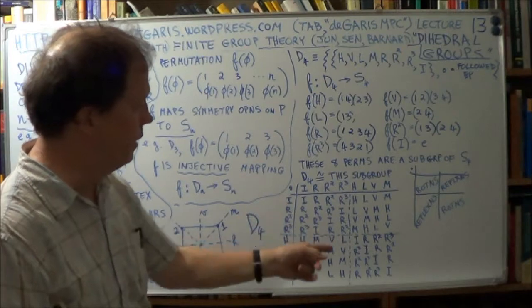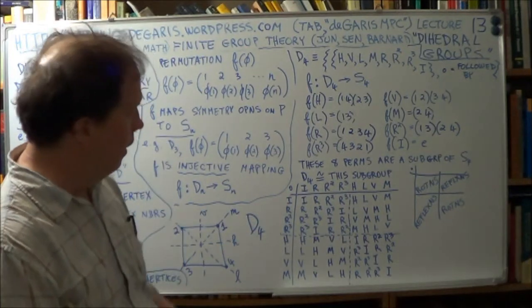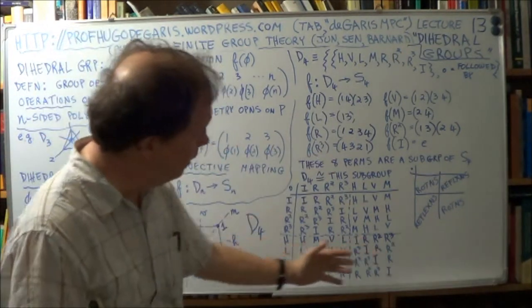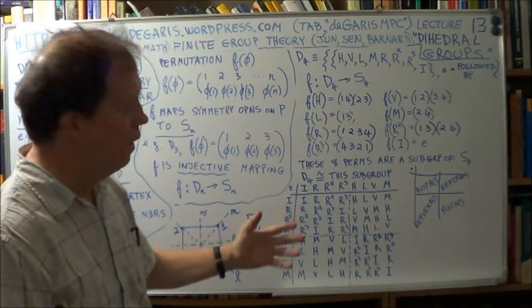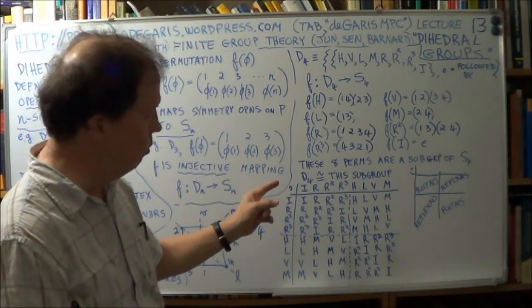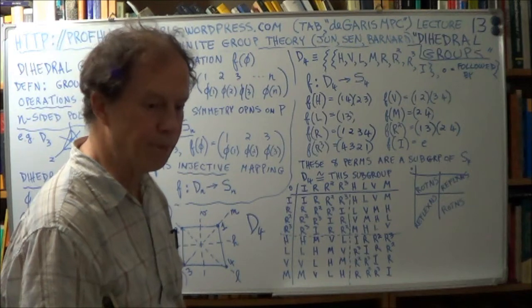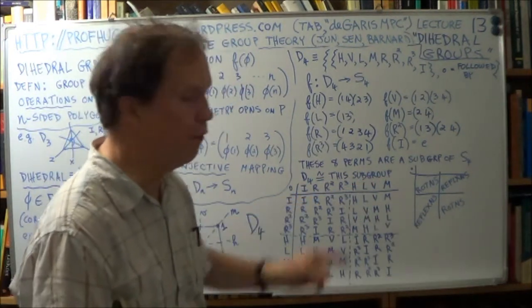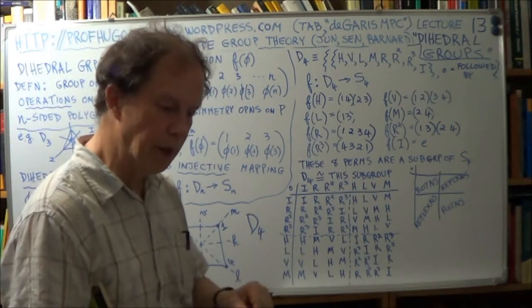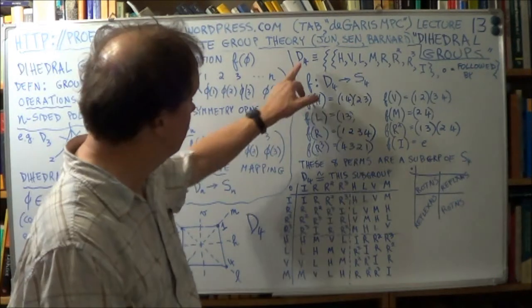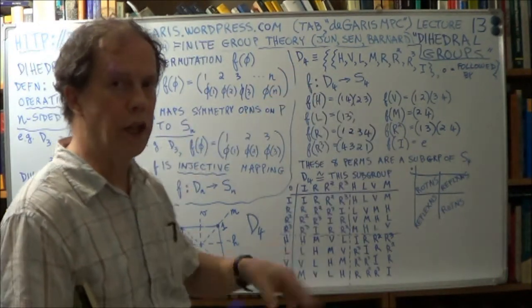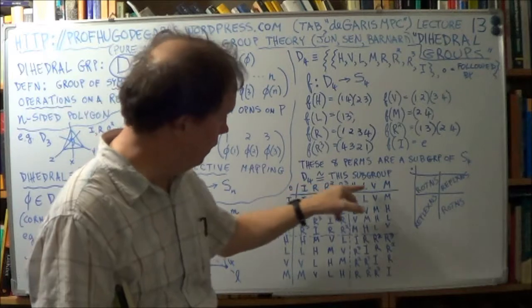But what I'll do next is I will scrap this approach. I will then go looking for a fewer number, not 8, of elements of this group that generate all of these.